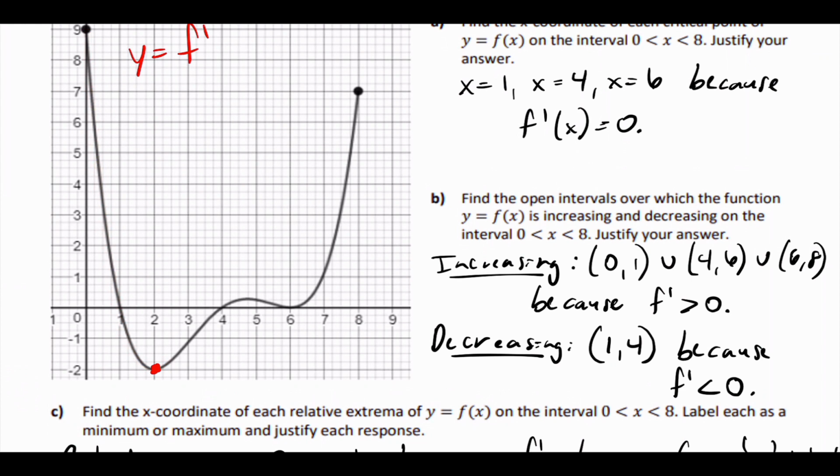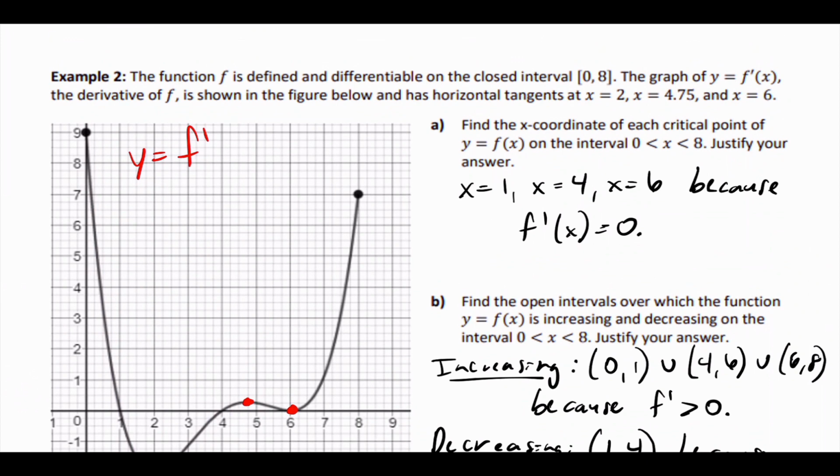Changes direction. And then it also changes direction at right about there. And then it changes direction one more time. Those are all horizontal tangent lines, and they told us at the very beginning, 2, 4.75, and 6 were all horizontal tangent lines. That tells us that they're all going to be points of inflection.